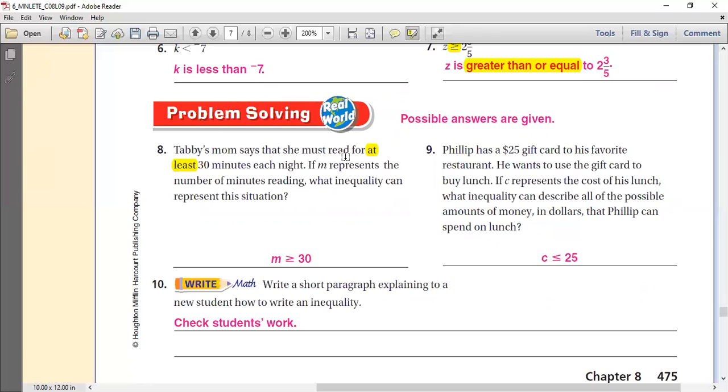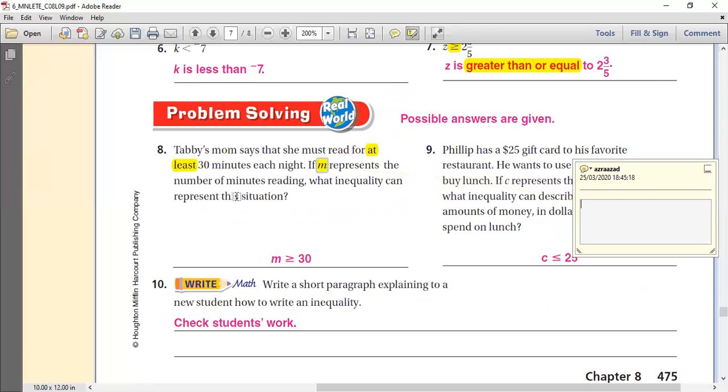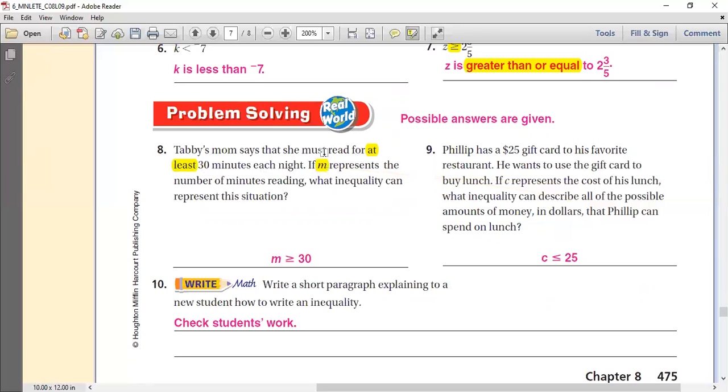So she must read at least 30 minutes each night. If M represents the number of minutes reading, what inequality can represent this situation? So this is going to be an inequality. M should be greater than or equal to 30, because she should read 30 or more. So M can be 31, it can be 35, it can be 50, any number, but greater than or equal to 30.